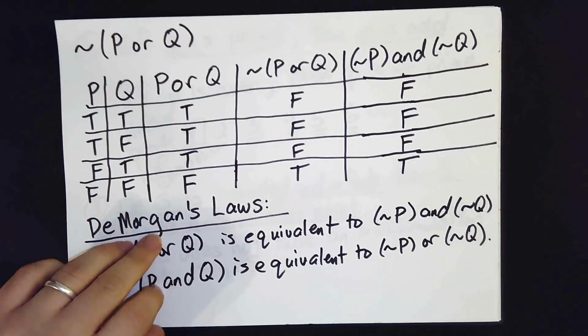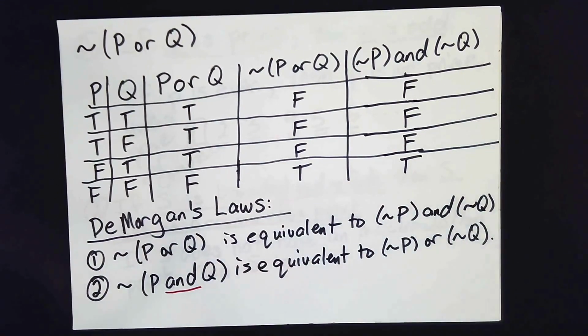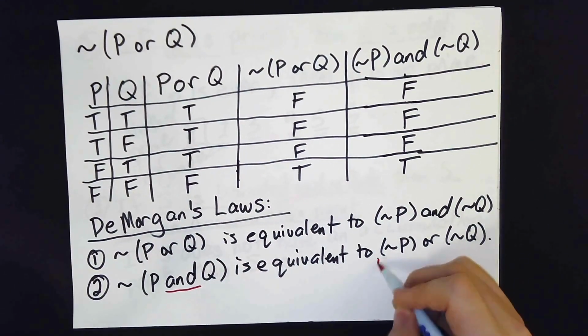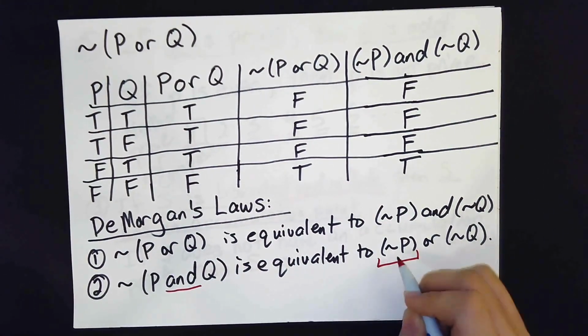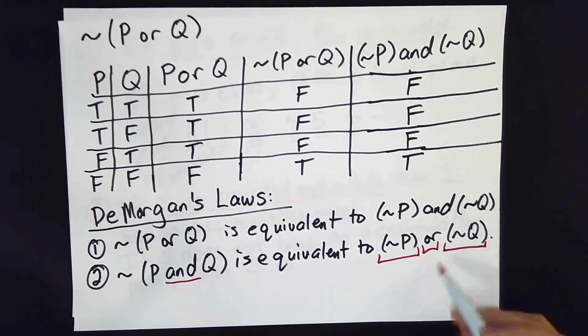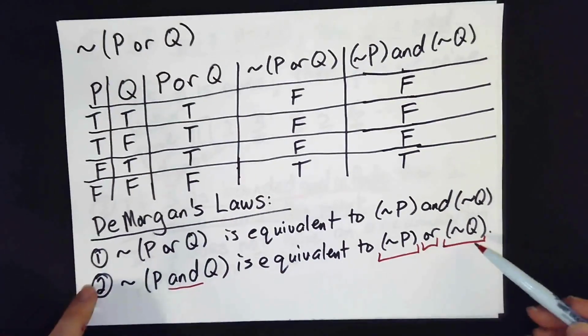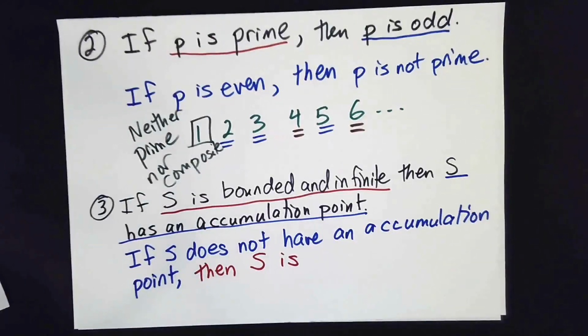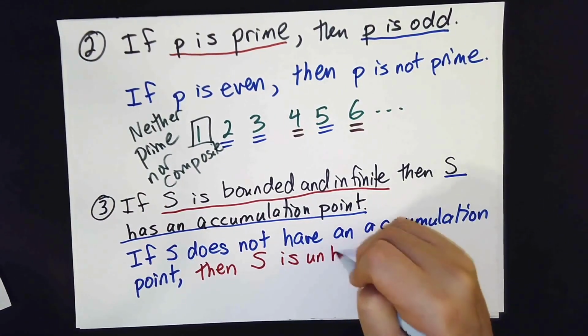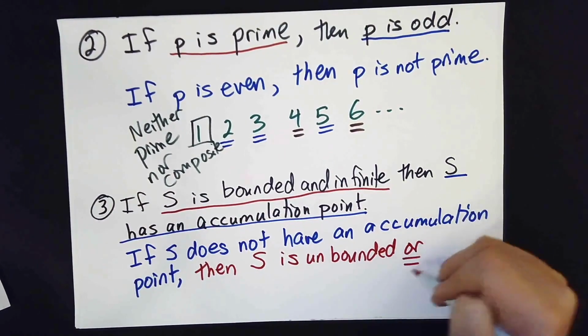Namely, I am negating the statement S is bounded and infinite. And so that and in bounded and infinite is going to turn into unbounded or finite. In particular, the and flips to an or because of De Morgan's laws. So to finish this, then S is unbounded or finite.